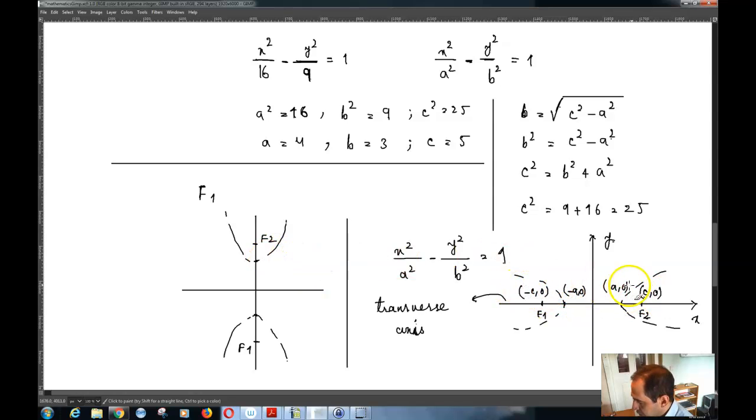The distances are not going to change, but the coordinates of these points are going to change. On this vertical line, the x coordinate of every point is going to be 0. So this point would have the coordinates 0, a. This point will have the coordinates 0, negative a. This point will have the coordinates 0, negative c, and this point will have the coordinates 0, c.